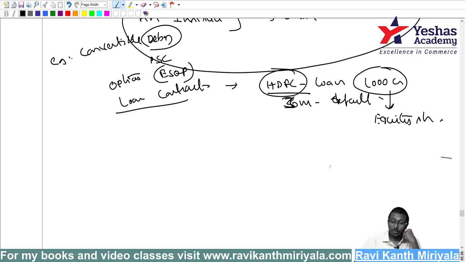That means the holder of the loan contract, HDFC, is entitled, not guaranteed but may be entitled, because it depends on whether the company defaults continuously for 3 months. It is a contract which may entitle the holder to an equity share. That is also potential, that is called potential equity shares.